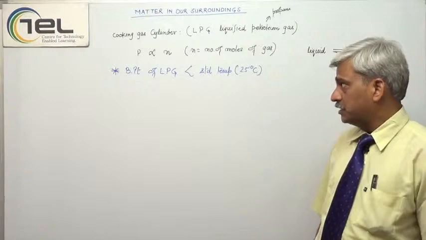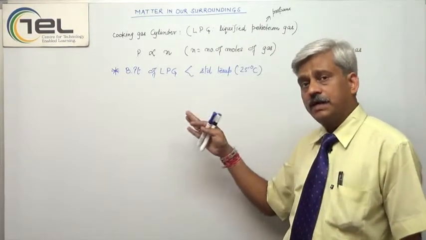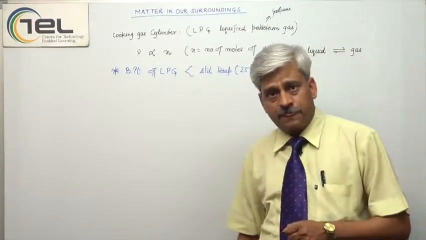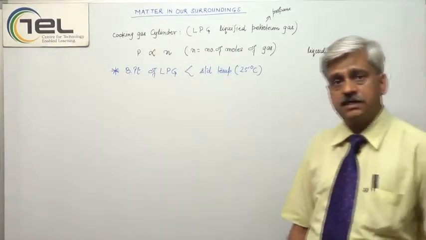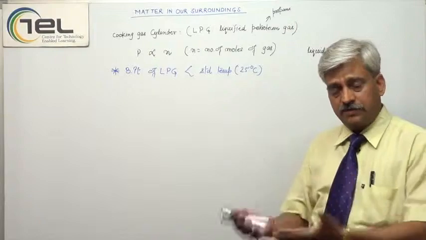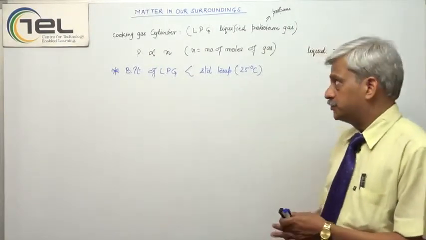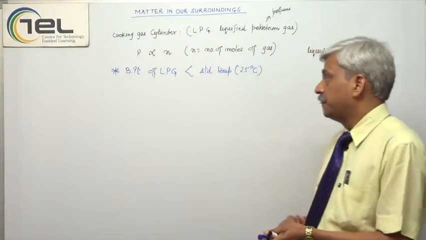So, the pressure on the boundaries is the cause behind how the gas comes through the nozzle. Just see, if the pressure is not inside the cylinder, the gas will not ooze out from the nozzle. So, this property we use in the cooking gas cylinders.